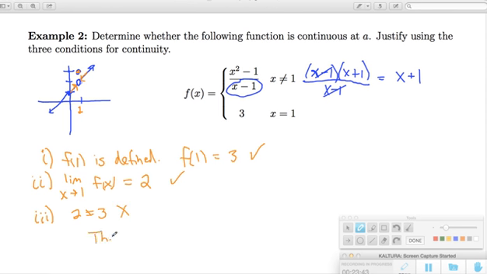So the function is not continuous. So that's it. It's continuous everywhere except for that x value of 1. That's where the problem is occurring.